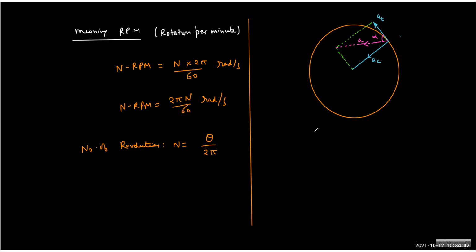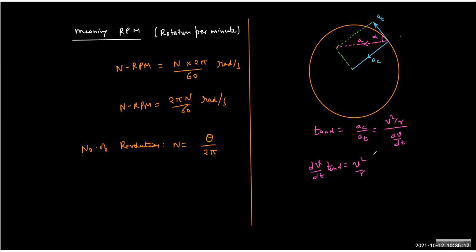And tan alpha is a very important quantity in this particular chapter. We write it as AC by AT. And the AC we write as V square by R. AT we write as dV by dt, just like this. This is the kind of differential equation you will always get.